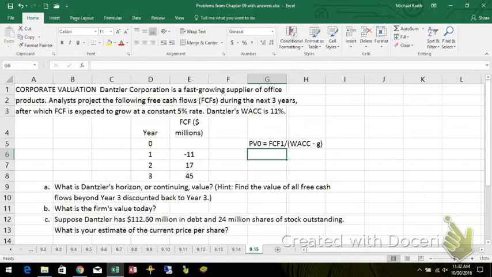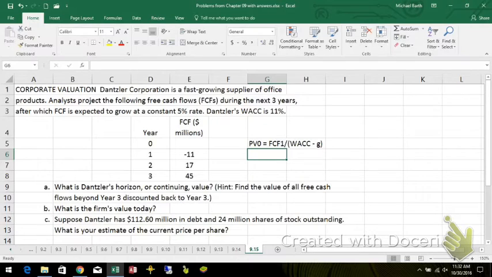The assumption is that the weighted average cost of capital is the true cost of the company of raising money, and that it becomes the required rate of return for all investment projects, and that G, that growth rate, is constant and predictable going out into the future.